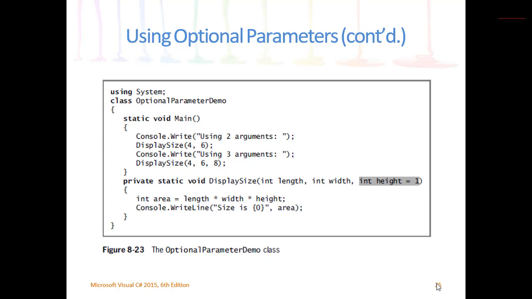What is the tricky thing or the detail about optional parameters? It is that they have to be the last parameters. Okay? In a case like this, I could not have had height in between 2 mandatory ones, because then it would become ambiguous.